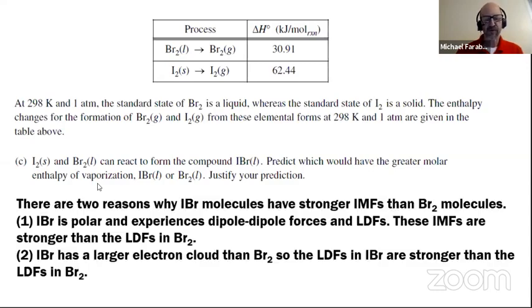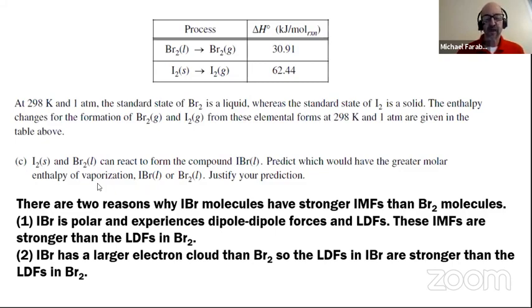This is about polar versus nonpolar, but it could also be about the size of the electron cloud. So first of all, you could have said that IBr, which is a polar molecule, would experience stronger intermolecular forces than Br2, which is nonpolar. So the polar molecule experiences both LDFs and dipole-dipole forces, and that would be stronger than the London dispersion forces in bromine.